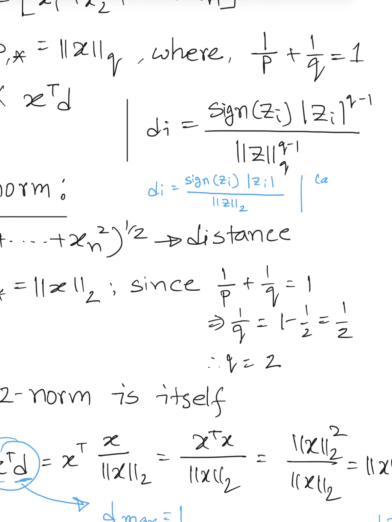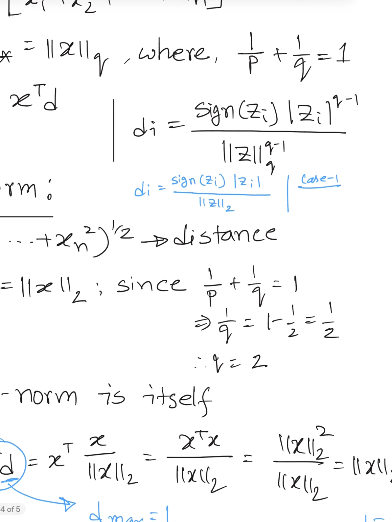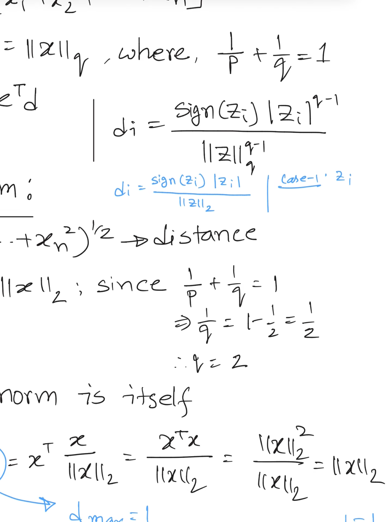Say case 1, when zi is greater than 0, then the sign of zi is plus, and because zi is greater than 0, the absolute value of zi is going to be zi. So if we put these values here, this is going to be di equal to ci over the 2-norm of c.